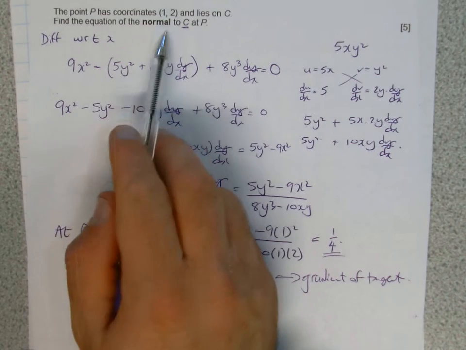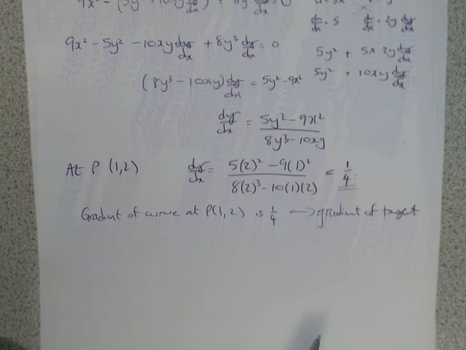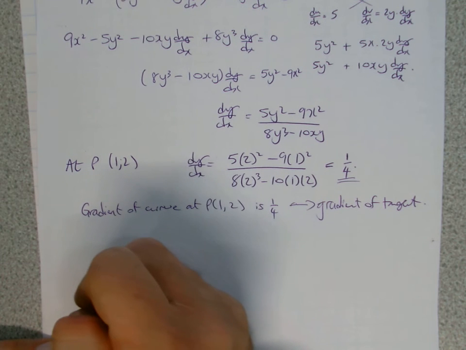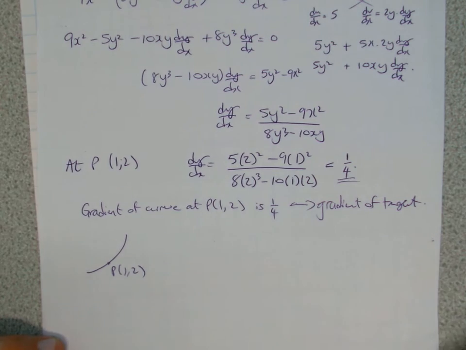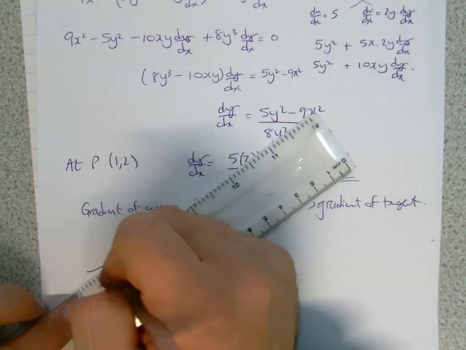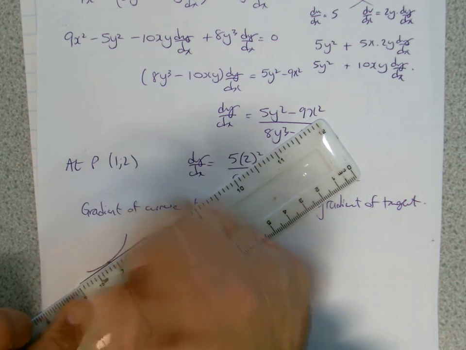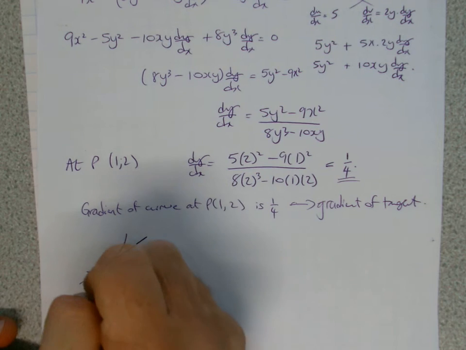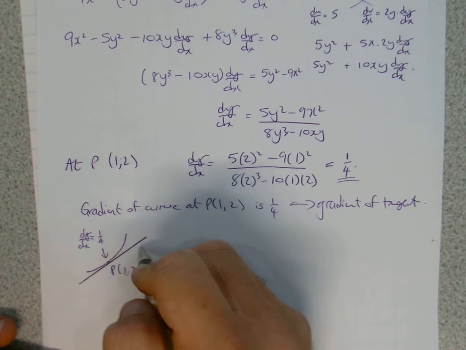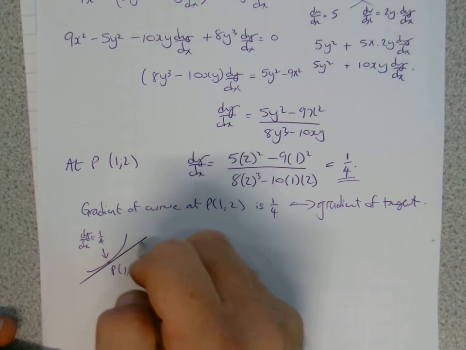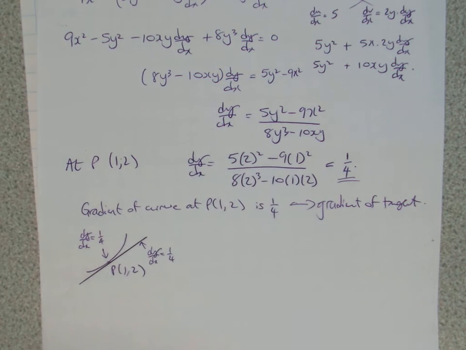We want the equation of the normal to the curve at the point P. So remember, if you've got your curve, for instance at that point P (1, 2), your tangent just touches at P. This has the same gradient as the curve. So the gradient of the curve there, dy/dx, is 1/4, and that's exactly the same for the tangent, 1/4.